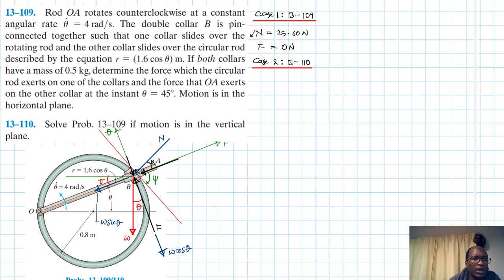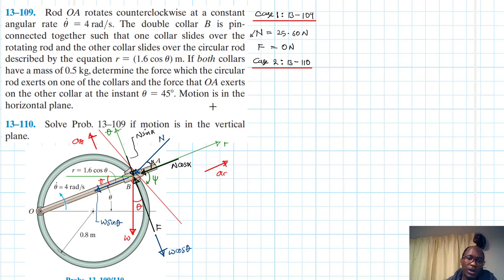And for these ones here, this one becomes N cos alpha, and this one becomes N sin alpha. Let's say we have a kinetic diagram, with direction of our motion in that direction as well as in that direction, like so. So this is our a_r, this is our a_theta.